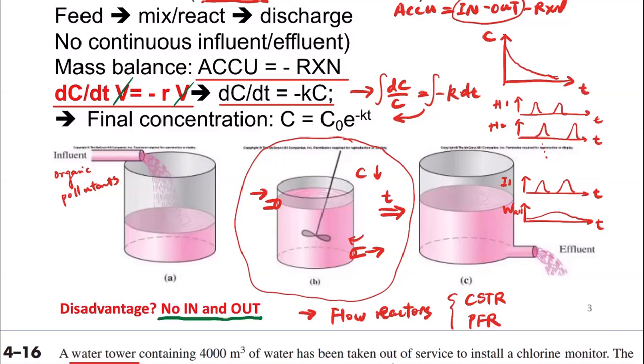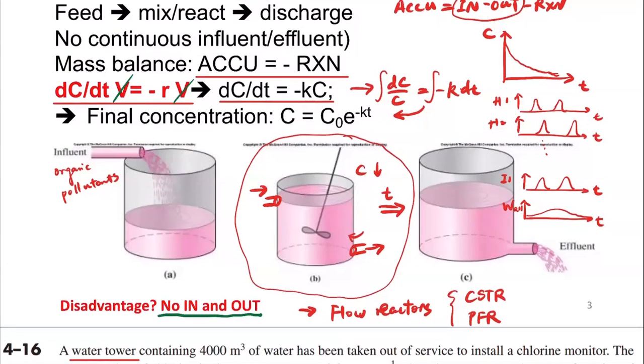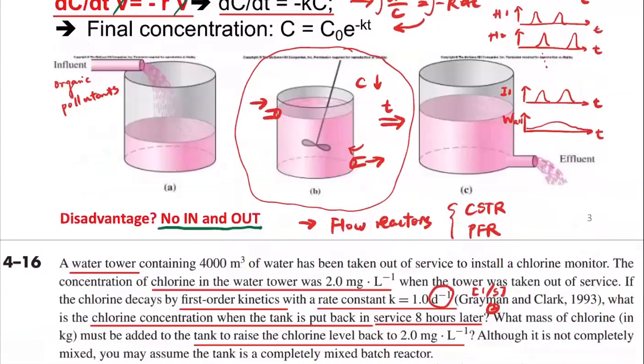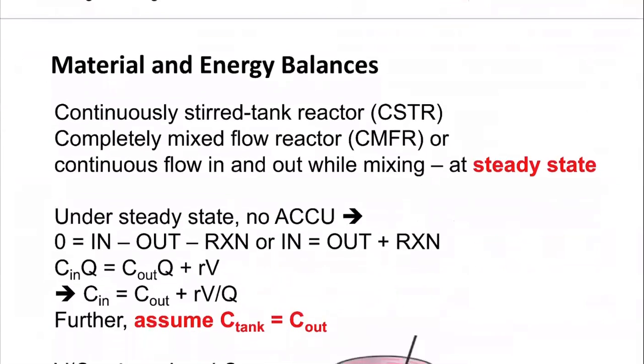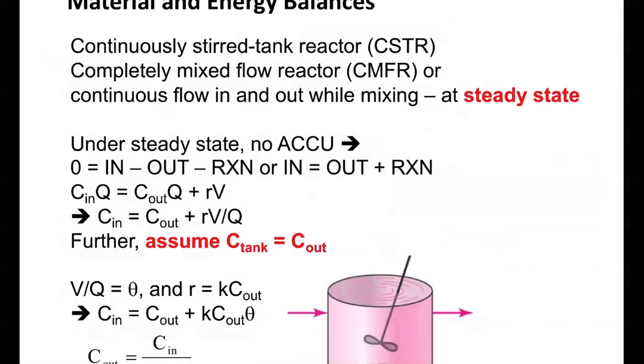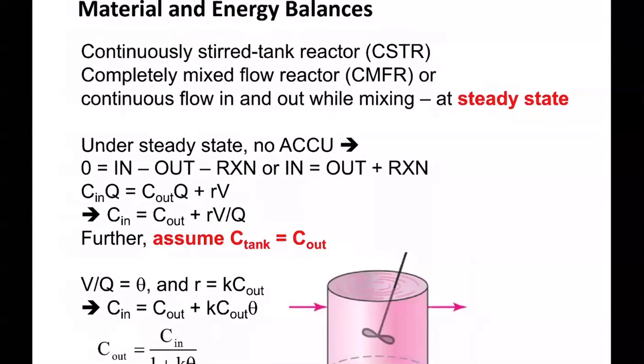So everything is in a flow condition, and we don't need to worry about letting it happen in batches. All right. So we still have the assumption that everything is well mixed within the tank, right? So basically, this is the concept for the CSTR, the CMFR.